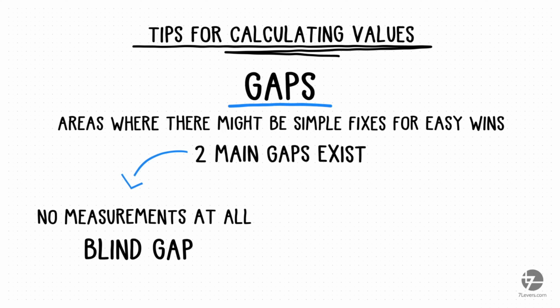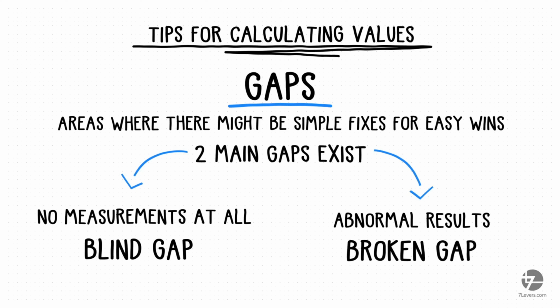You're operating on that lever, but you're not measuring the results of what you're doing. So that's a blind. The other one is where you get an odd or unexpected result, possibly because something stopped working or you stopped applying any effort to it. And that's something that we give the label broken. So either of those two things, if they show up, make a note and we will deal with it in the correct phase.